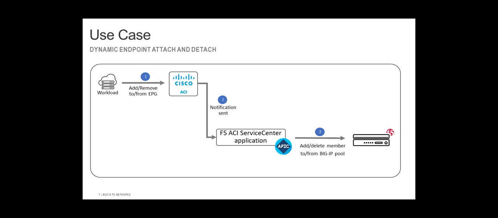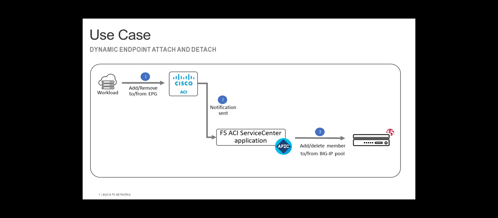So in order to accomplish this, we must have a mapping of the EPG on the APIC to a pool on the F5 BIG-IP so that the service center would know exactly from which pool does workload need to be added or needs to be removed.